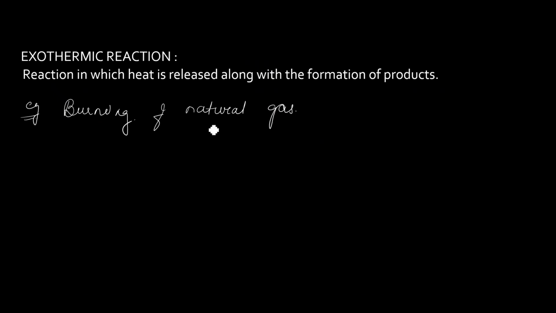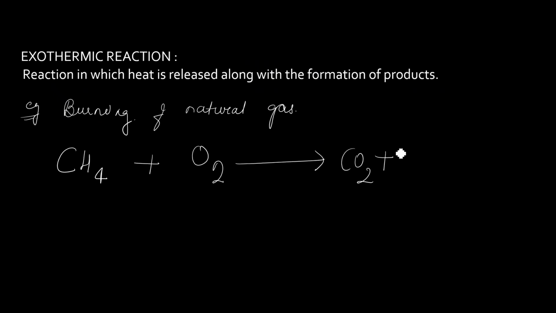Natural gas means methane. CH4 reacts with oxygen and forms carbon dioxide and water, plus a large amount of heat is released, which is represented by delta. Now balance the reaction.